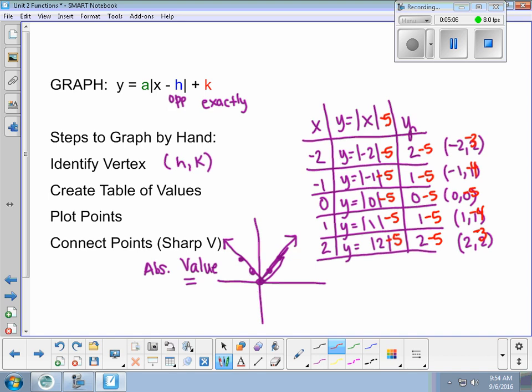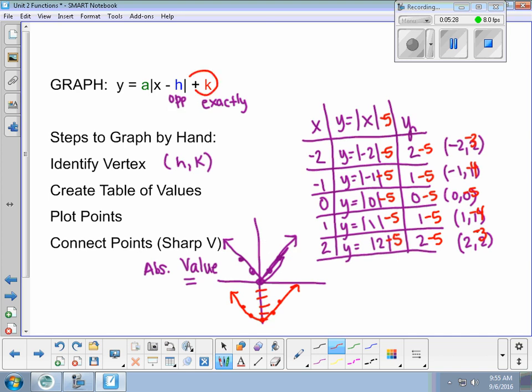So this one would look like this. So it appears that subtracting 5 outside of my absolute value moved it down 5 locations.